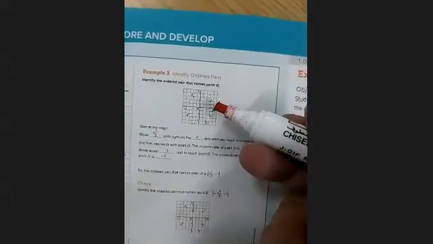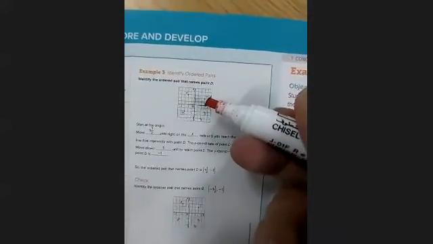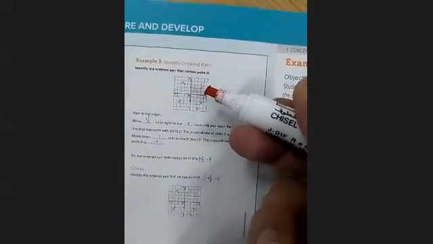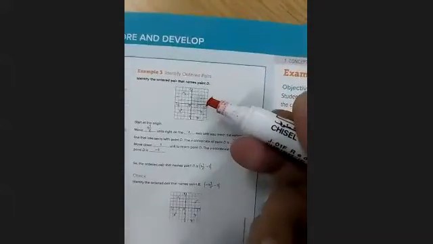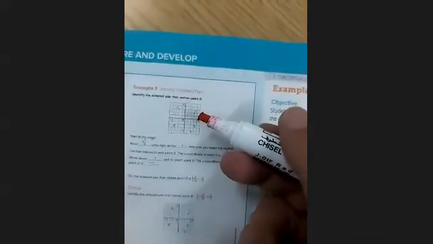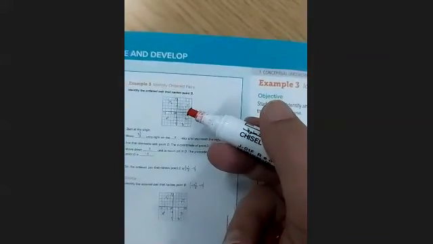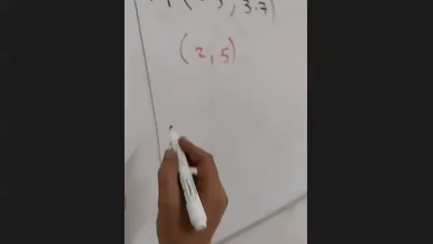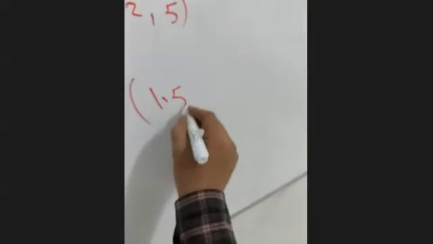Go up. Do we have a number on the X? No. It's between which two numbers? 1 and 2. What's the number in between 1 and 2? 1.5. Excellent. So for D, the first one will be 1.5.